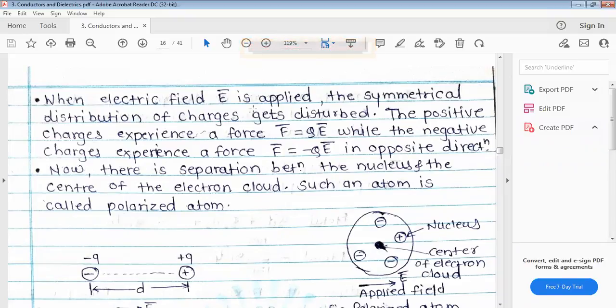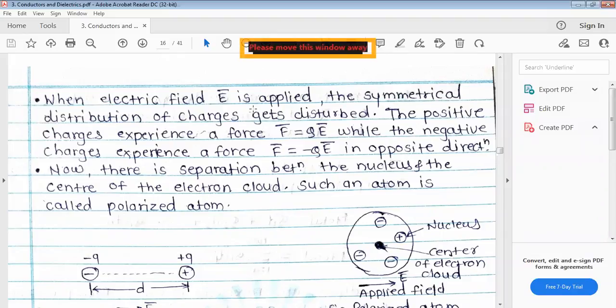if you keep the conductor without any electric field, so just tell me, what is the flow of electrons, in one direction only, or are they moving randomly? ज्यावेळी तुम्ही इलेक्ट्रिक फील्ड अप्लाय करत नाही, तेव्हा कंडक्टरमध्ये इलेक्ट्रॉन्स randomly flow होतात, right? So when you are applying an electric field, they get direction.